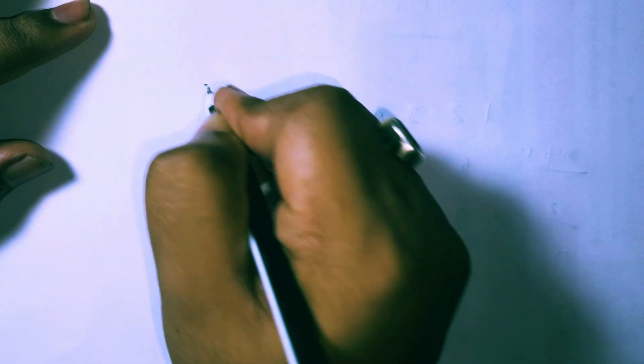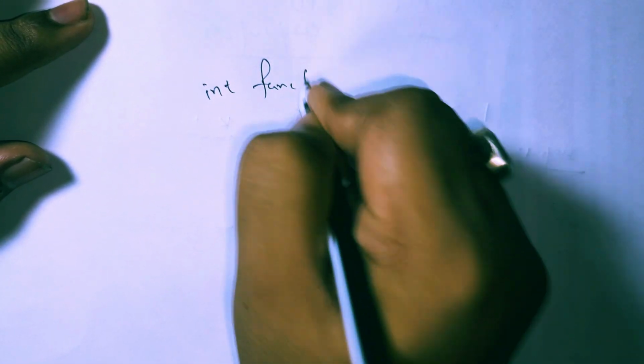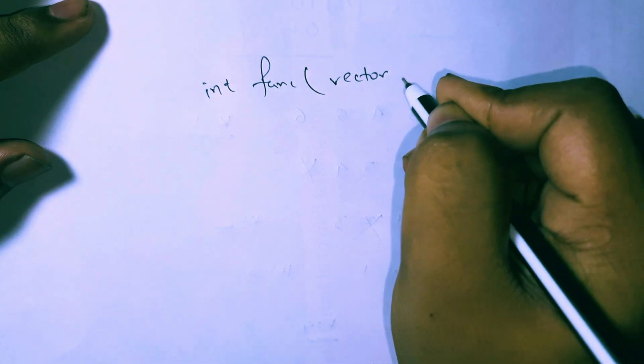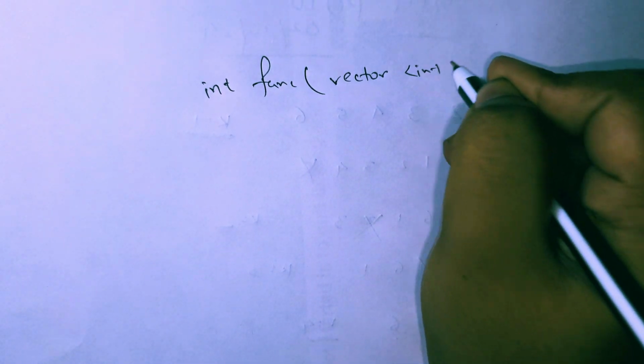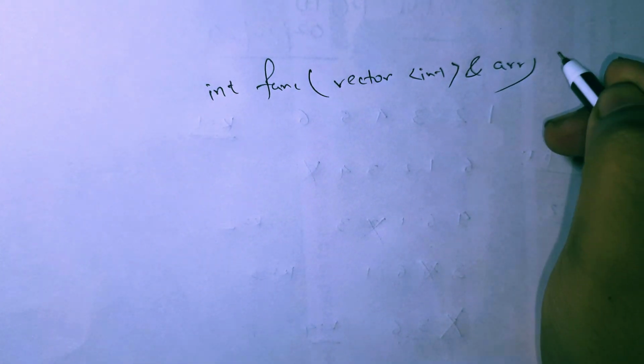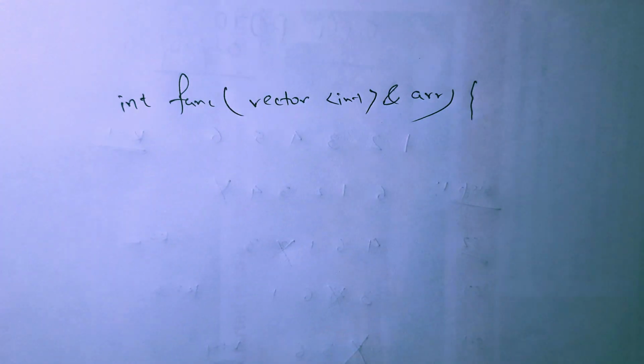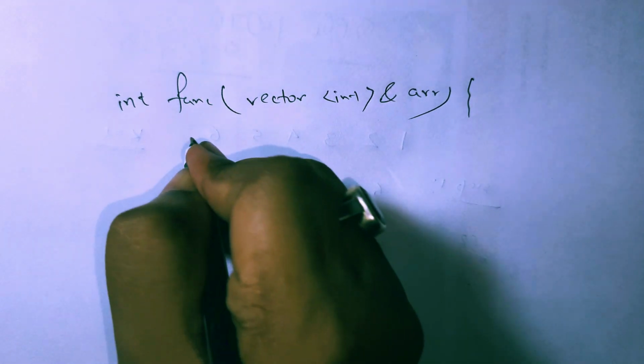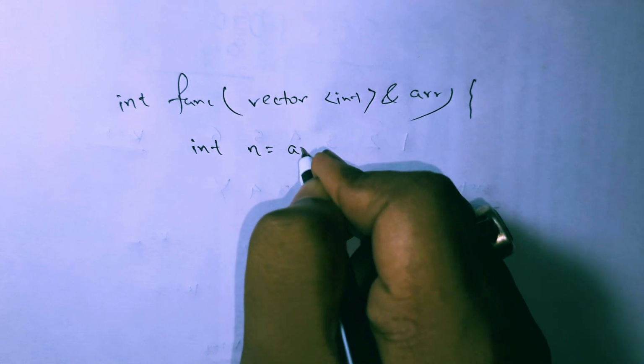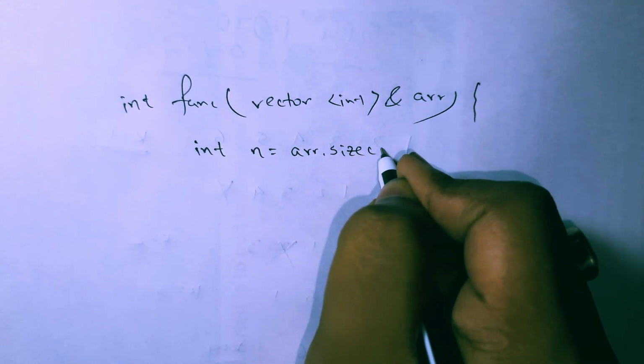I will make you understand how I will do this in C++. At first I will take the function int function of vector int array, which is given. Now I will declare n as array dot size, which is the size of my array.